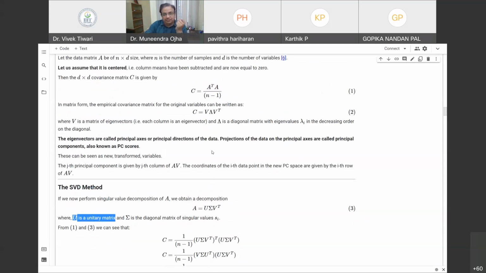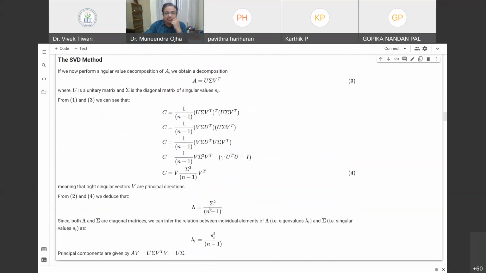So what we are doing over here is we take this term A and put it in equation 1. In place of A, I will put U sigma V transpose and find the transpose of it, and then for the second A, I again substitute U sigma V transpose.